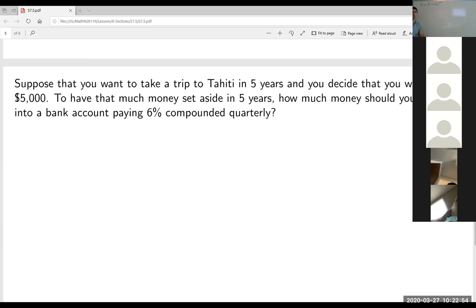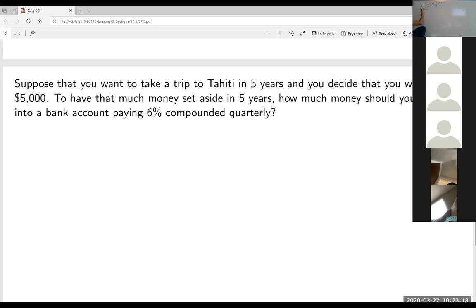If you're taking a loan, it's how much you take out. And if you're saving, it's how much you put in. But 5,000 is how much you need at the end. So that would be A. Exactly. Yeah.